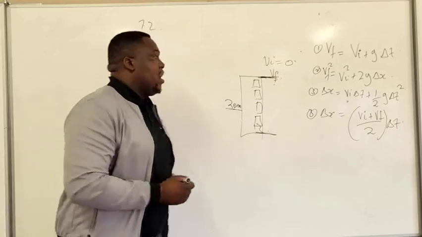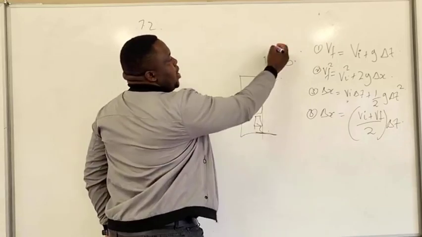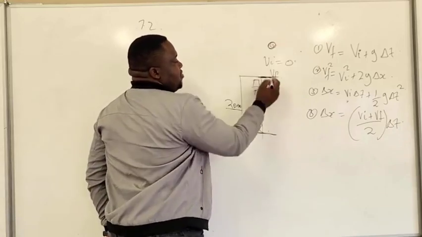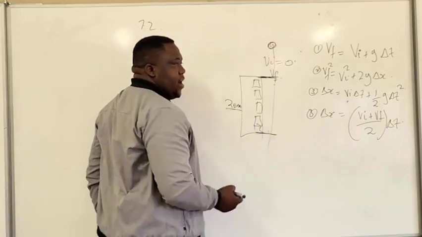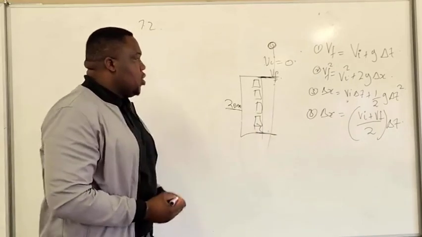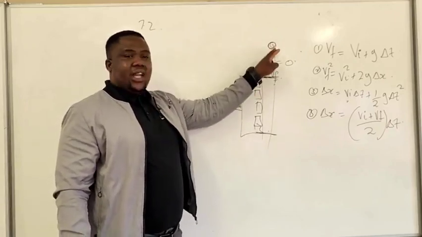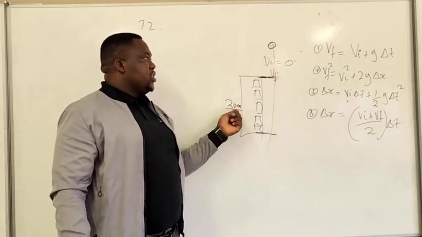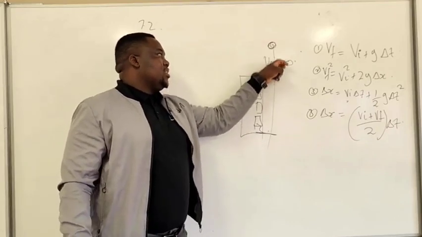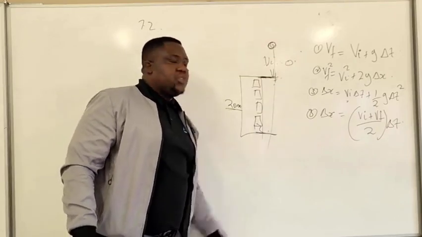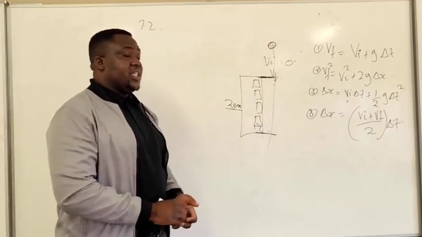If, for example, the ball was somewhere at the top of this height, then it fell down, we were not going to use this 20 because the ball did not travel this 20. It would have traveled this displacement plus this 20. So we're not going to use the displacement in that case.